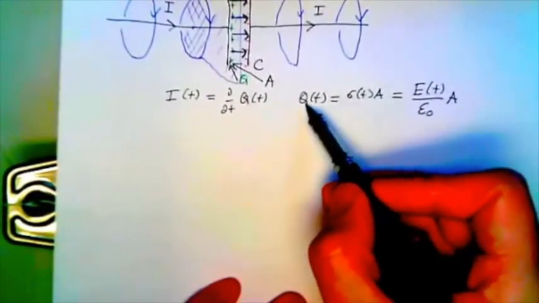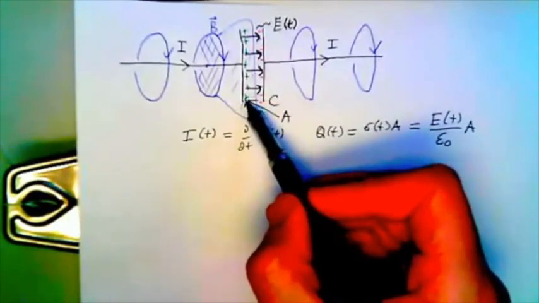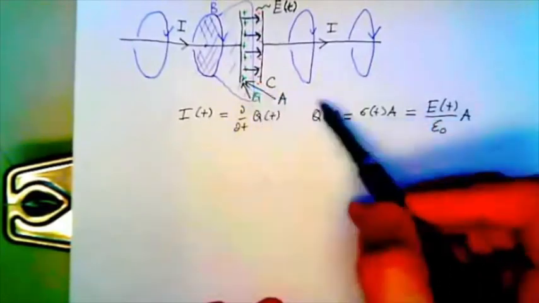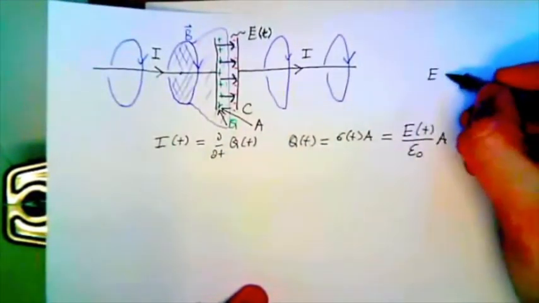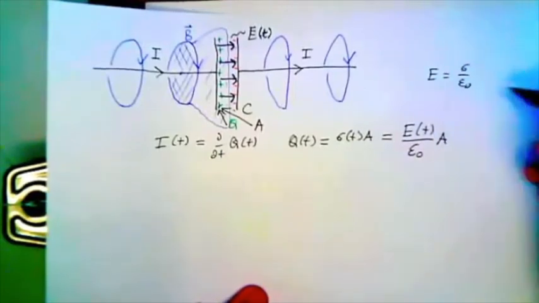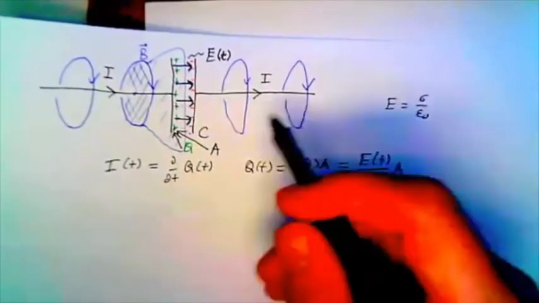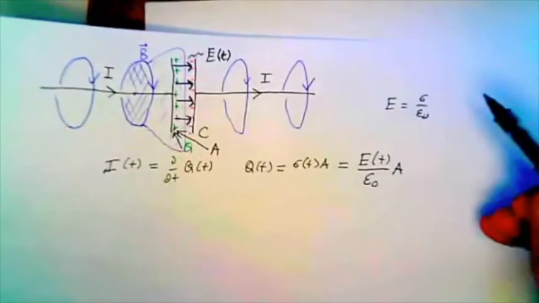So this charge is the charge that accumulates on these plates. And that charge is related to the electric field in this region through this expression, because we know that for an idealized situation, plates are close together, massive plates, field is uniform.